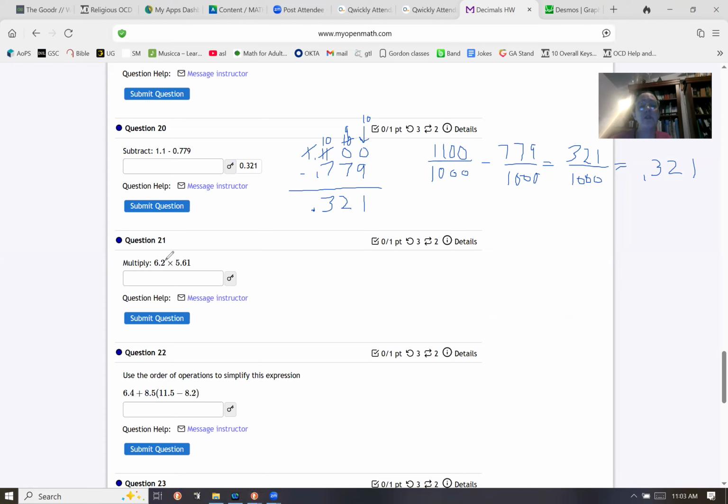We have 6 2/10. That stands for 62 tenths. And here we have 5 61 hundredths. In other words, that's written as 561 over 100.